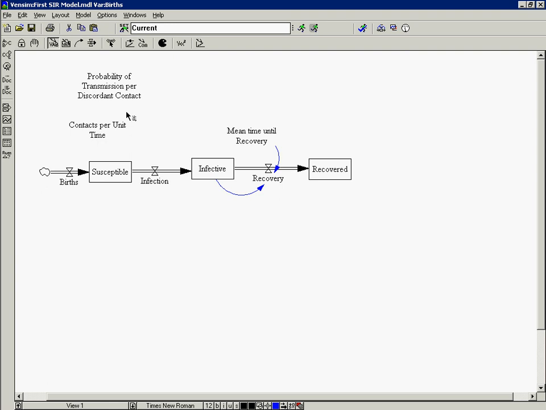Okay, there's transmission. That's a great one. For simplicity here, we're going to just imagine that contacts are of similar length. Later, we may get to the issue of different lengths of contact. Here, we'll just imagine that we're dealing with a situation where contacts are pretty well defined.